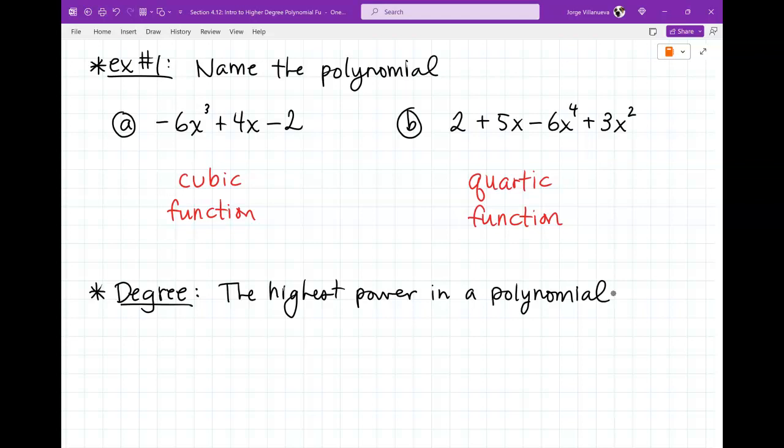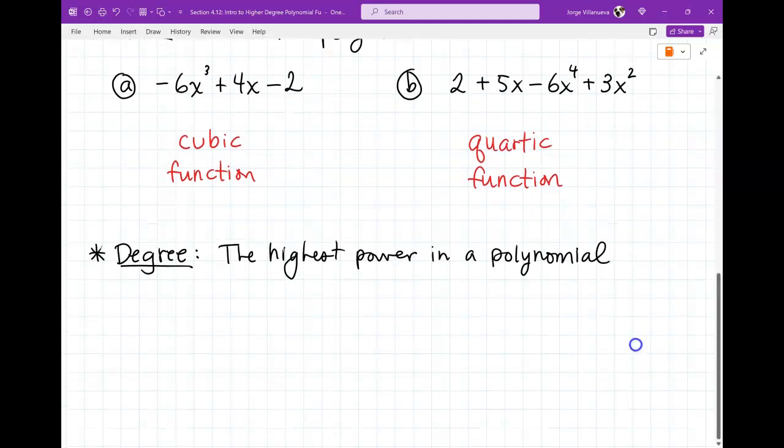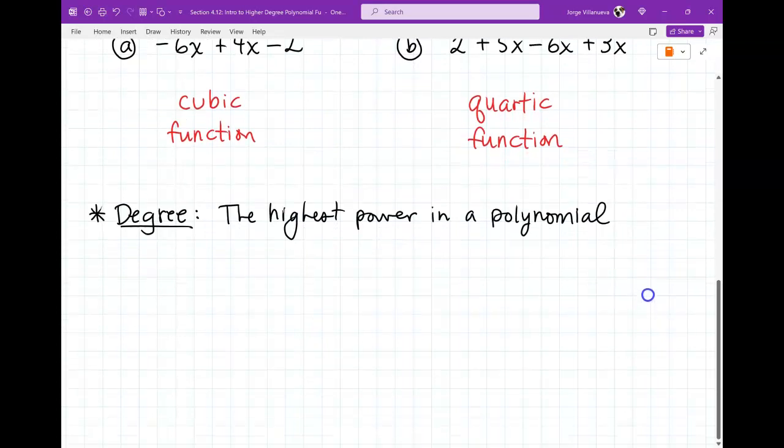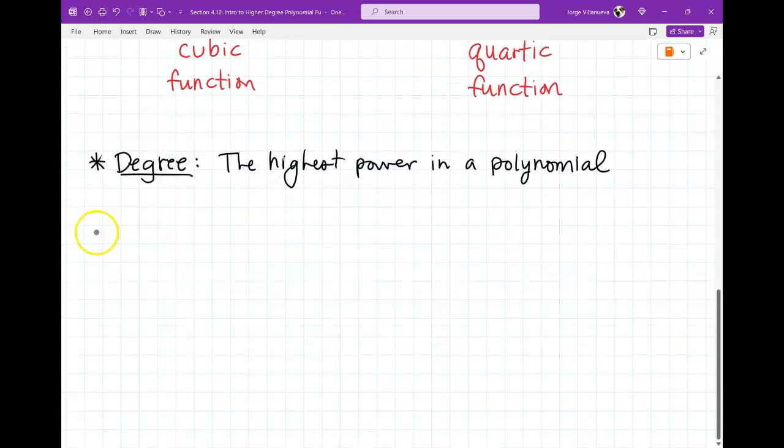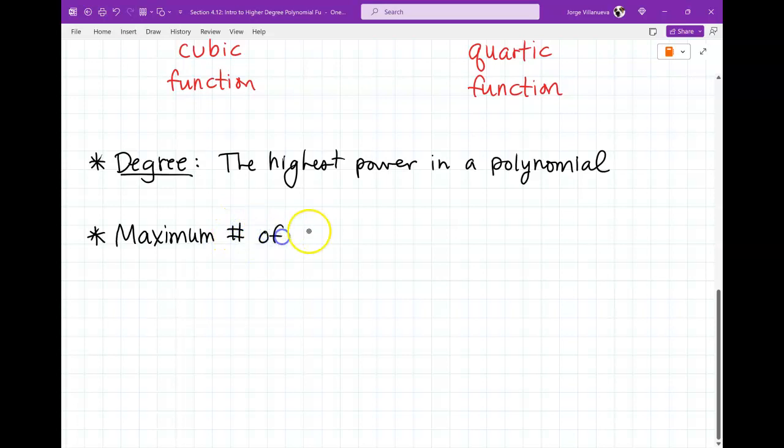Okay, now why does that matter? Well, the next definition is going to tell you a little something about what the graphs look like based on the degree. Maximum number of turns. Okay, here's a definition. So obviously a function can go up and down and up and down and up and down, right?